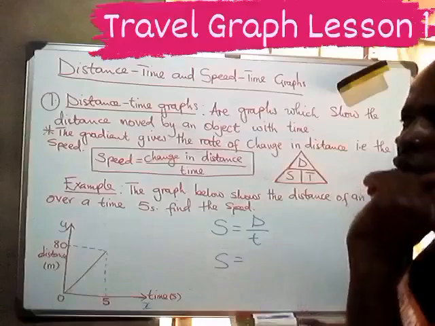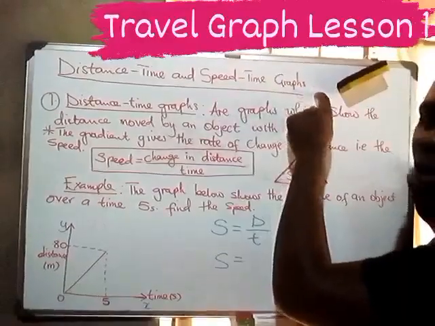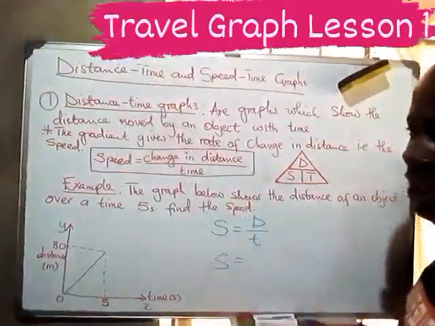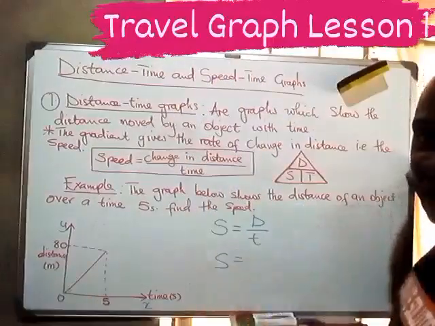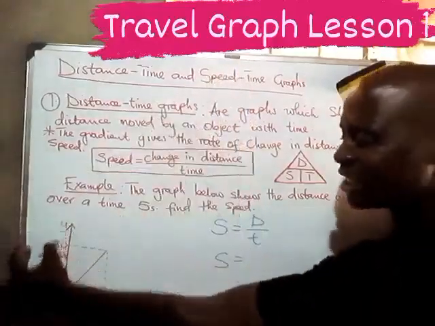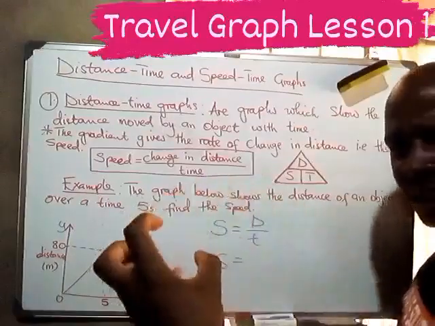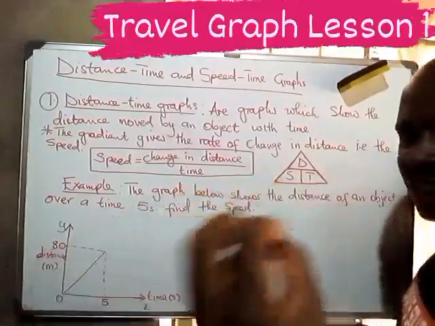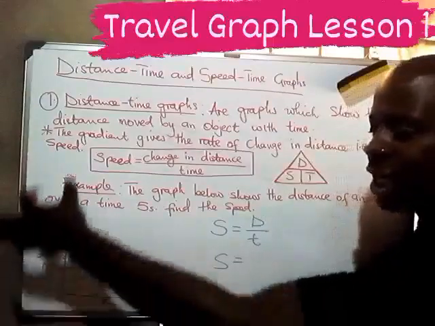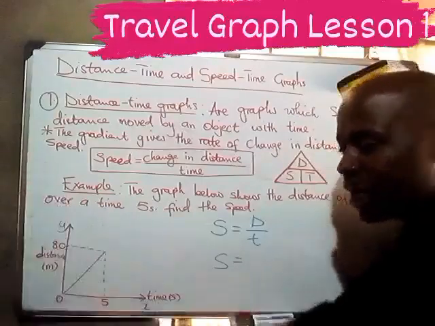When we go to the speed time graph, we'll also look at the graph for speed. As of now, looking at the graph for distance, we are going to discover that instead of using distance, we are going to use the speed, or velocity, because speed and velocity mean the same thing.